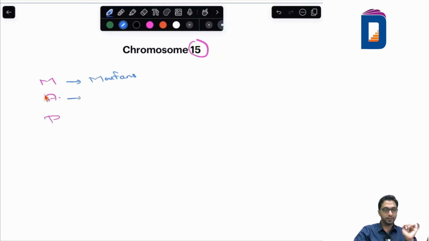Those who have not learned, don't worry. Two lesions only, I think, we studied in genomic imprinting. Two diseases, what are they? Parvati, Manju, I hope you were there for general pathology. Revision is the key.